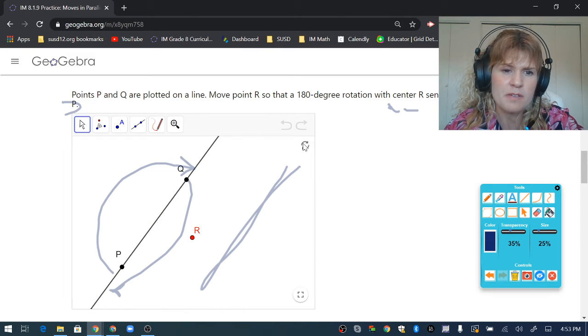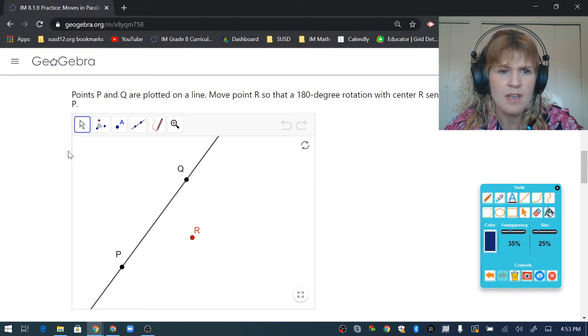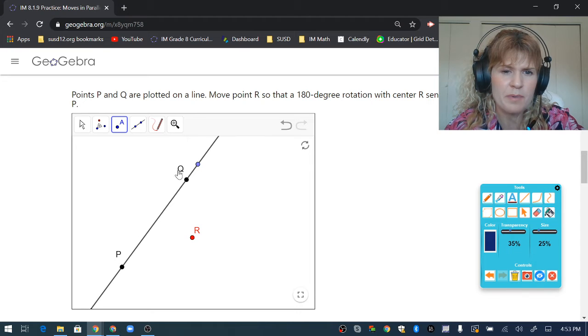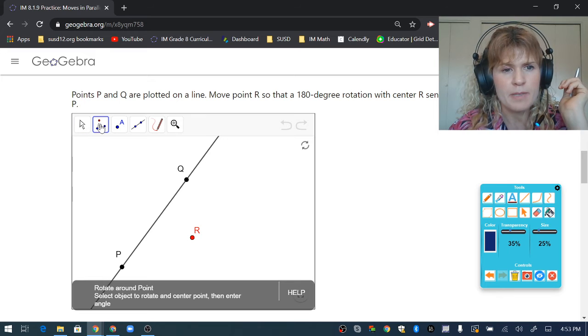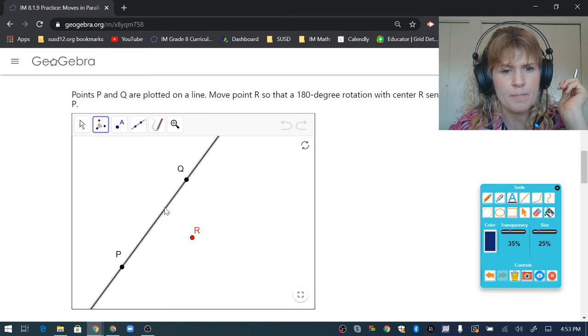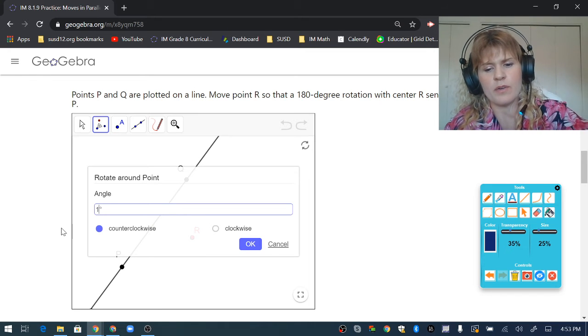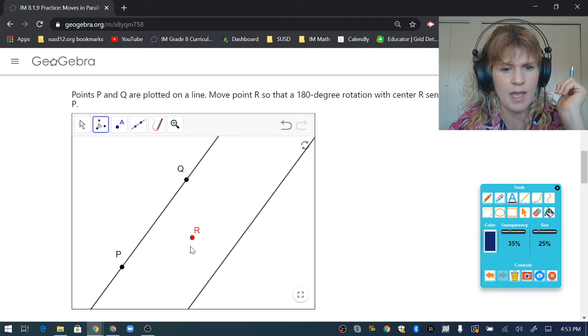I'm going to clear the screen. And I wonder if I can put some more points on here. Nope, it didn't label them. Okay, it didn't label P and Q when I used the rotation tool, but I'm going to do it one more time. Click the line, click the center, type in the angle we were told to use, which is 180, and hit OK.